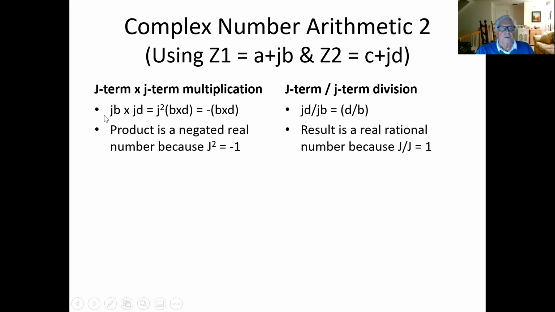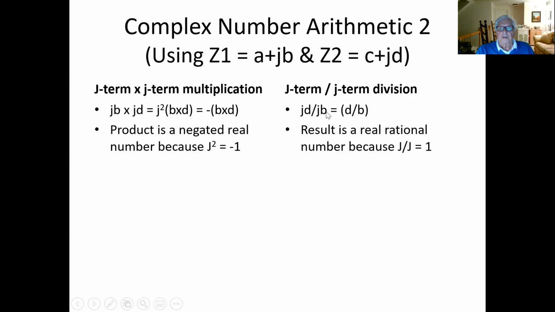If we've got 2 numbers that are imaginaries, JB and JD, if we multiply those 2 together, you notice you get a J squared, and you multiply the B and the D together to get some other product, but J squared is minus 1, so it's the negative of the product of the numbers.